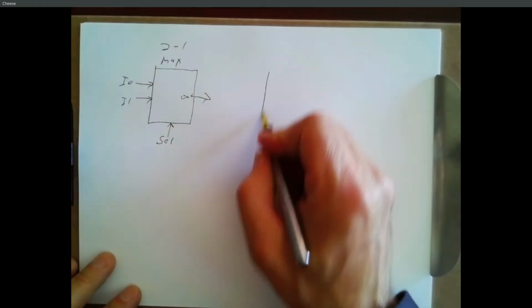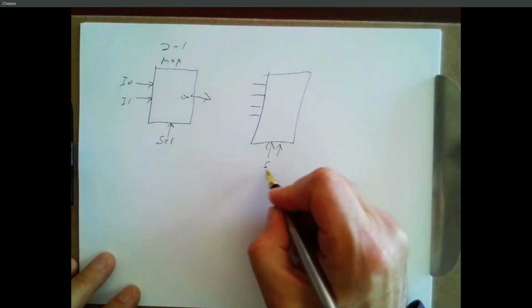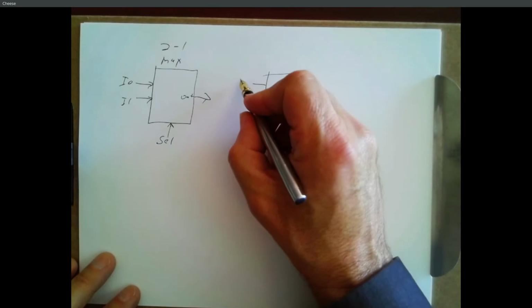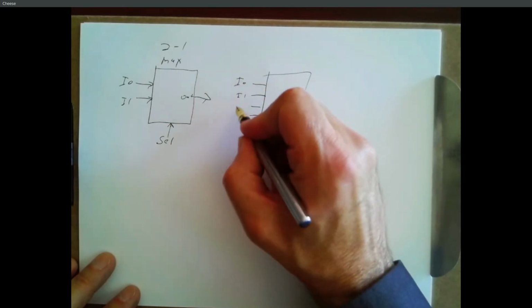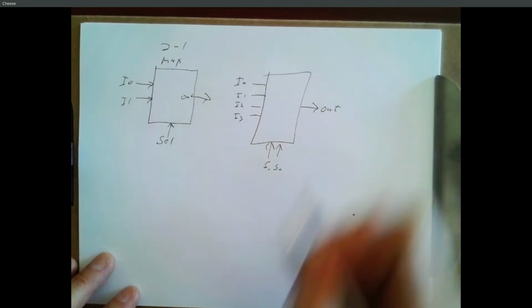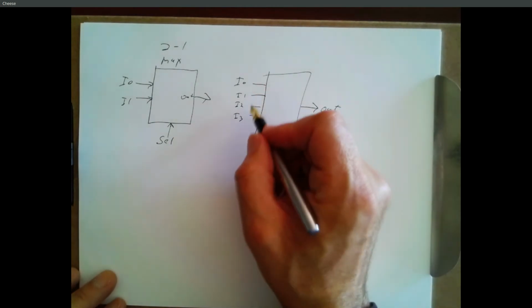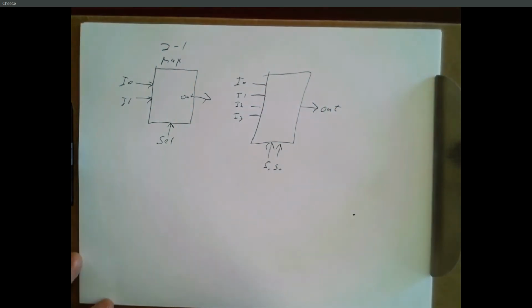And one of the things we did with MUX is, if we have a 4-to-1, any function of two variables we can implement with this just by tying your inputs to whatever value you want.